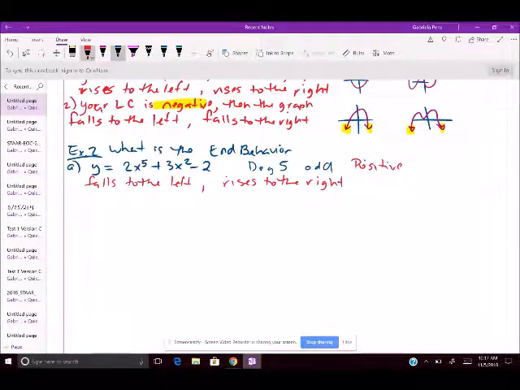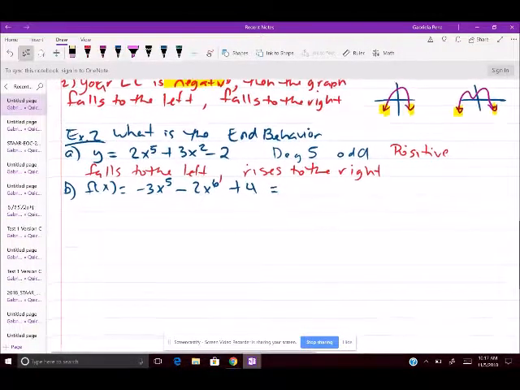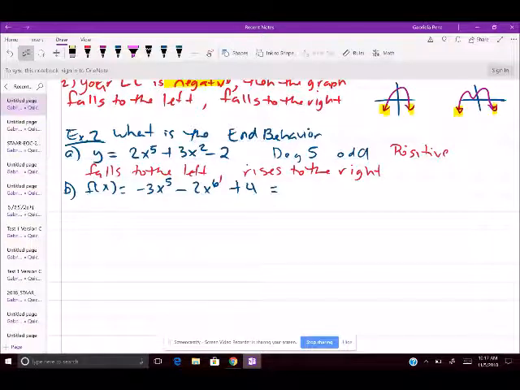Questions, questions, questions. So let's look at this next one. F of x equals negative 3x to the 5th minus 2x to the 6th plus 4. Are we ready to go, or do we have to do something? We need to put it in order.